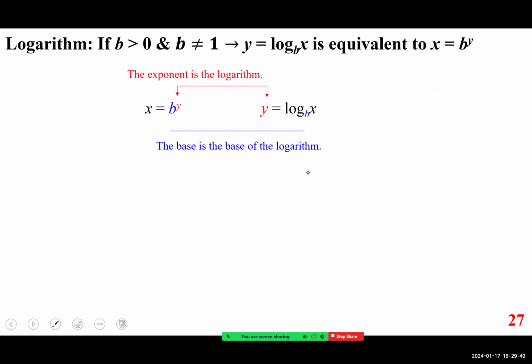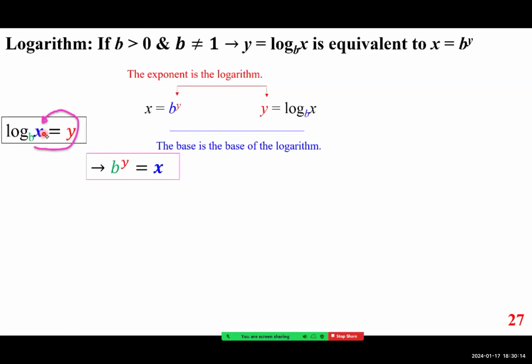All right, logs. Let's remind everybody of logs, what we learned in intermediate algebra. The relationship between the two, if we can go from one format to the next, we are fine. In other words, take a look at this. Log x base b equals y. Now look at the arrow that I put in here. B to the power of y equals x.